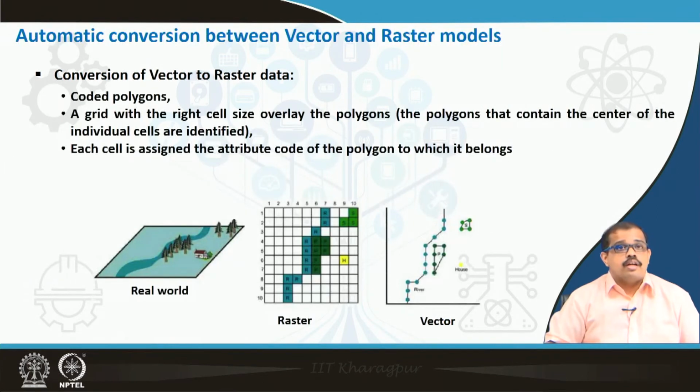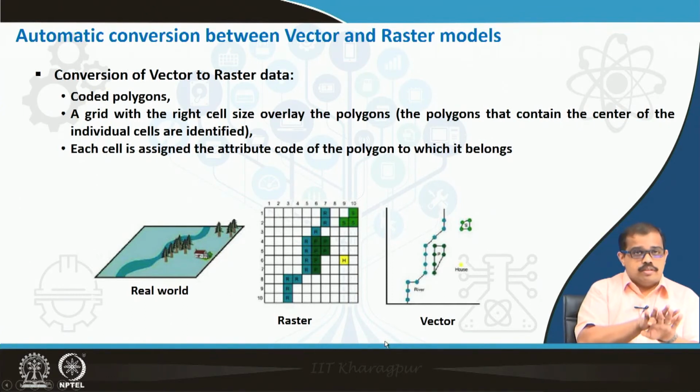Fine. So, now if you have to convert vector to raster data, vector is a coded polygon. A grid with the right cell size overlays the polygon. The polygons that contain the center of the individual cells are identified. For example, if this is the real world, okay, and this is the vector information, now you overlay the cells on a polygon.